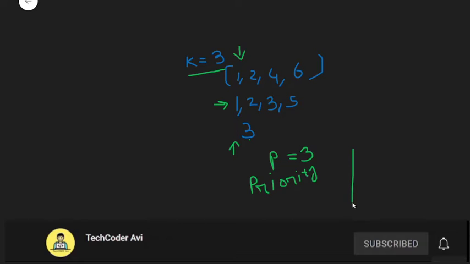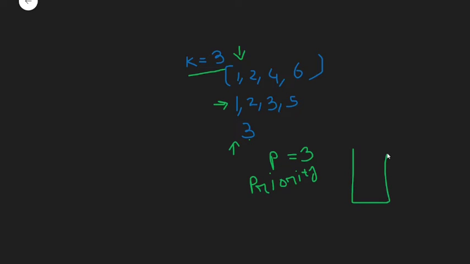So what will this priority queue do? Let's say that we have a queue, okay, and the size of the queue is actually 3, because the value of k is 3. Now currently our pointer is at 1. The next pointer is at 1, and its next one is at 3, right?